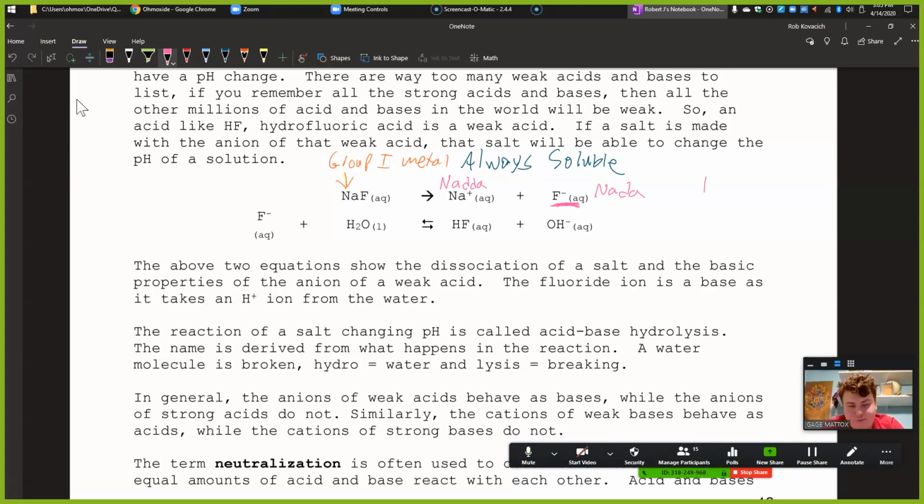But if it was an acid, what acid would it be? Hydrofluoric acid. What do you know about this acid? Was it strong? It's not one of the 7 strong acids. So it's weak. So does this want to be floating around in water by itself?